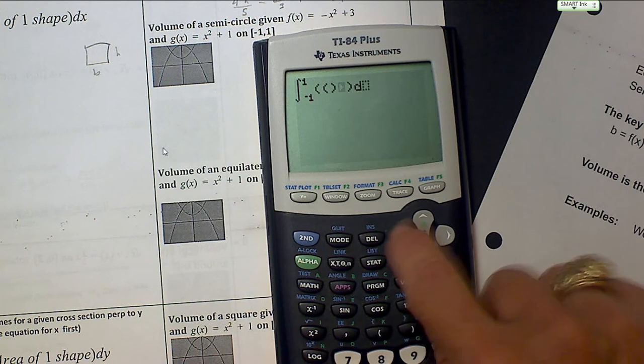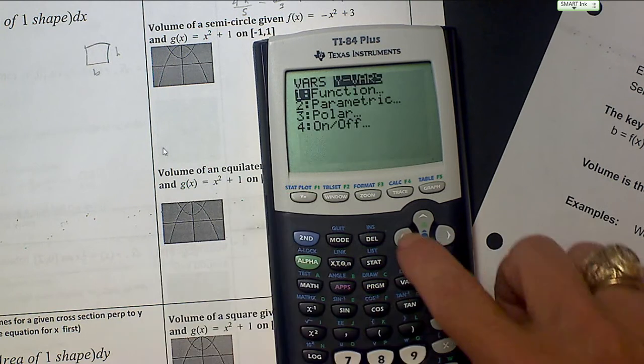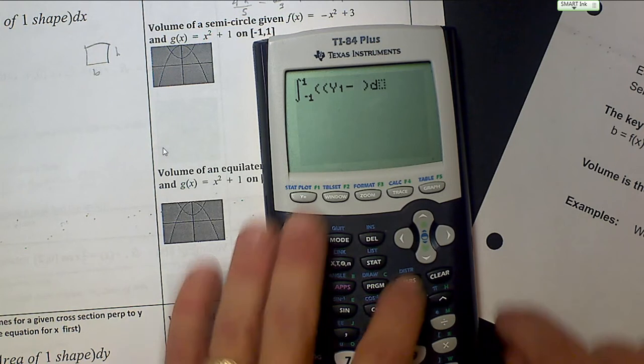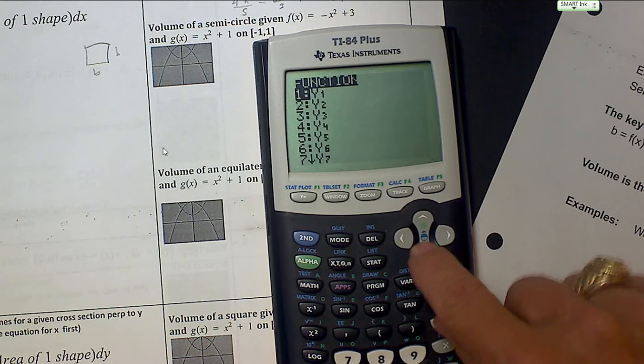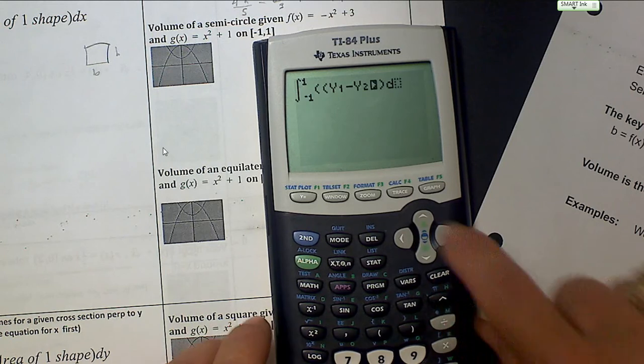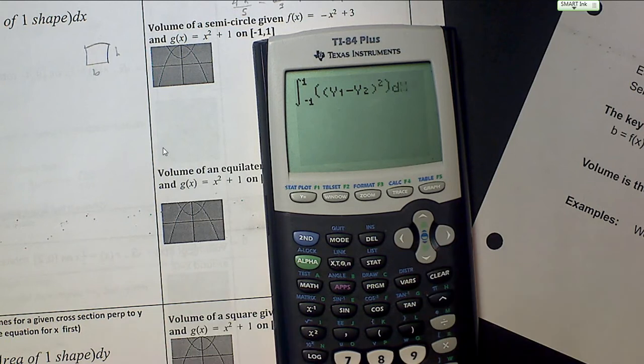Add some extra parentheses in there because you're going to need them for the squaring. It's going to be vars, y-vars, 1 minus vars, y-vars, y2, squared. If you do it that way, you guarantee your sign's right and everything.